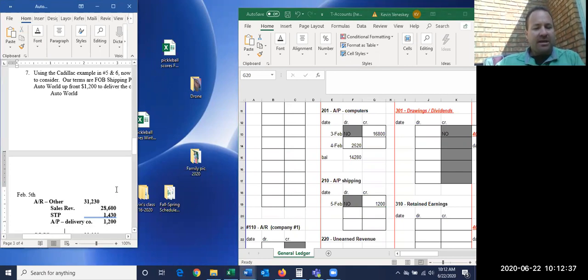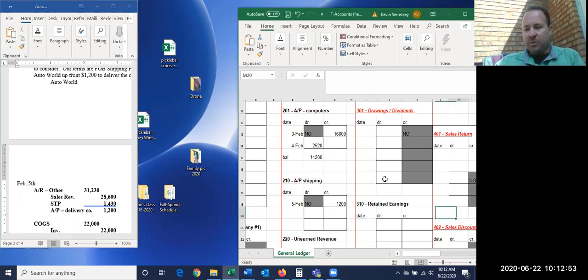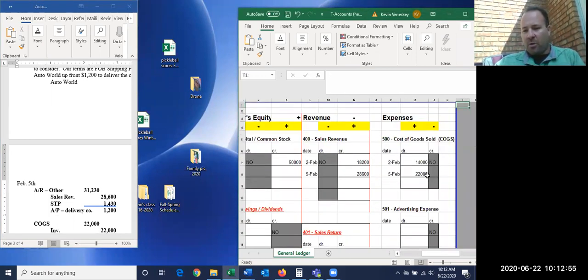Now you'll see that the second entry is no change. It's exactly what it was before, $22,000. It didn't cost me anything more to sell the vehicle. It had extra shipping. So I don't need to change anything to my cost of goods sold. It's already at $22,000 from number 5 above.